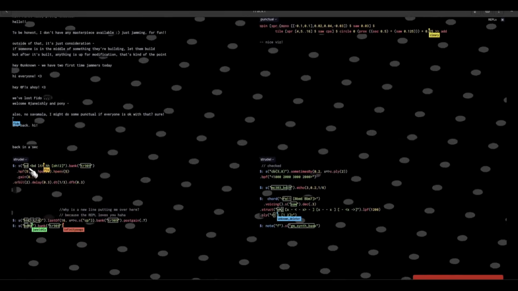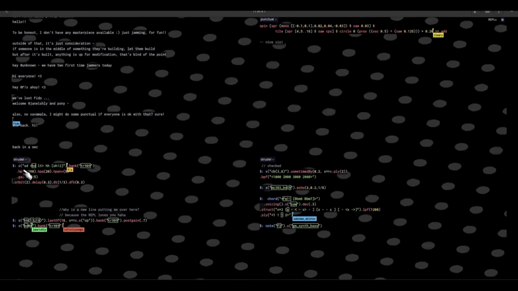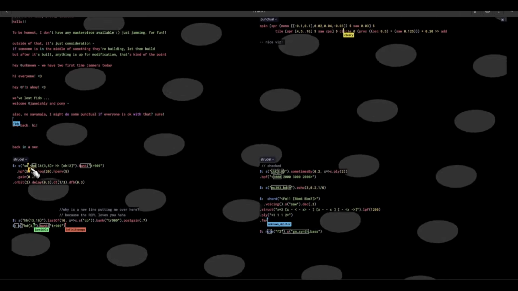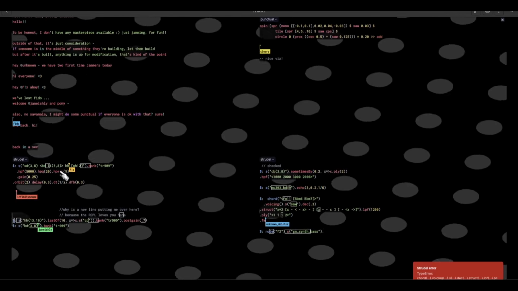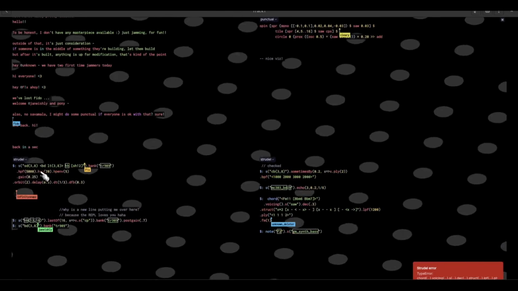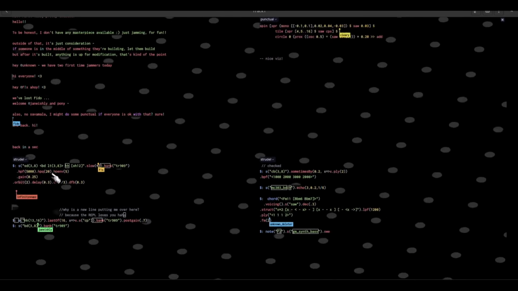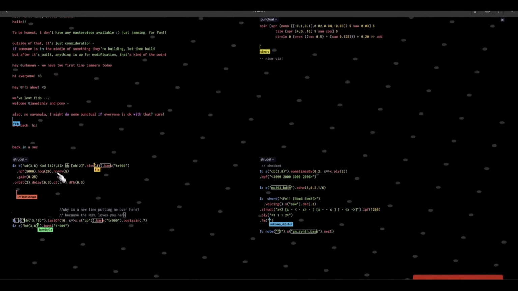This is me trying a new way of writing drum patterns. Historically, I've always put every drum sample on its own line so that I can have very clear control over it. But I've noticed a lot of livecoders doing this pattern, where we write out the sample names as a patterned sequence in one line.